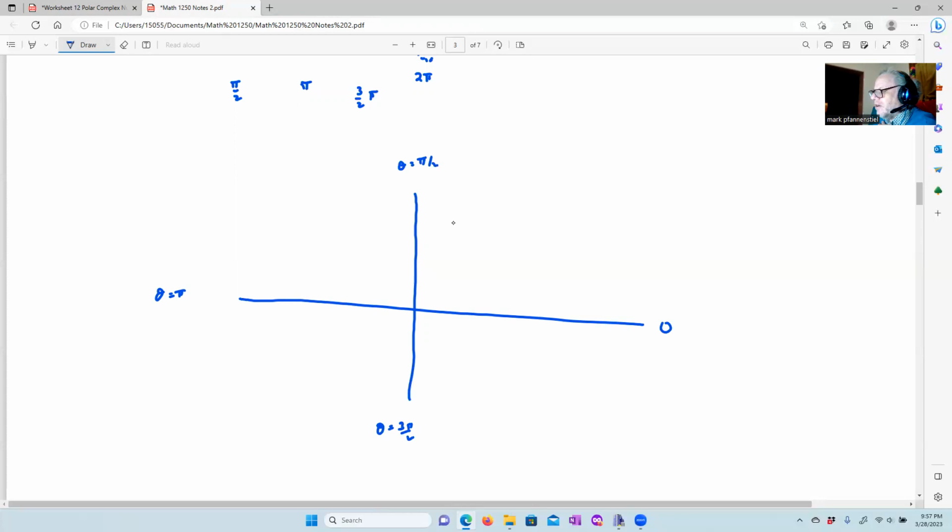We could dot in some other angles here too: theta equals pi over 6, theta equals pi over 4, theta equals pi over 3. And how far away we are from the origin, that's going to be our r.